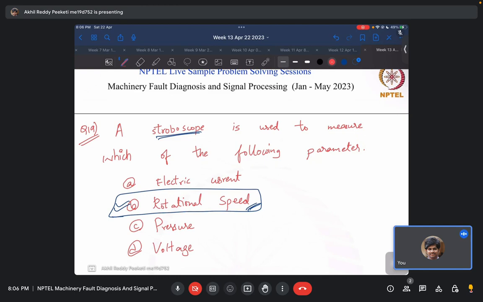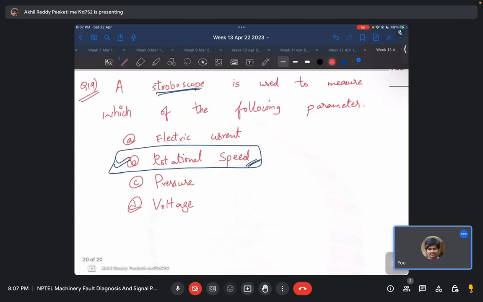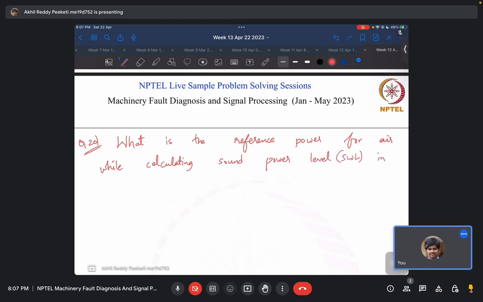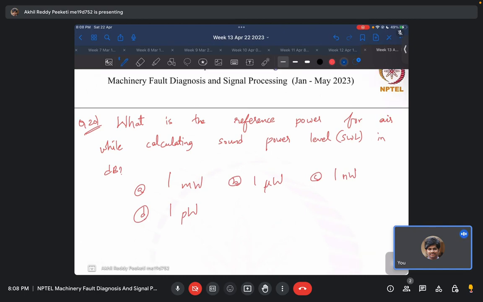Okay, let's move to the next question. What is the reference power for air while calculating sound power level in decibels?